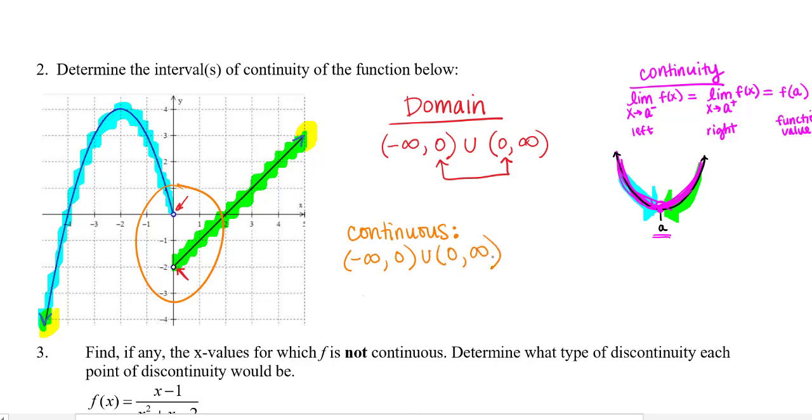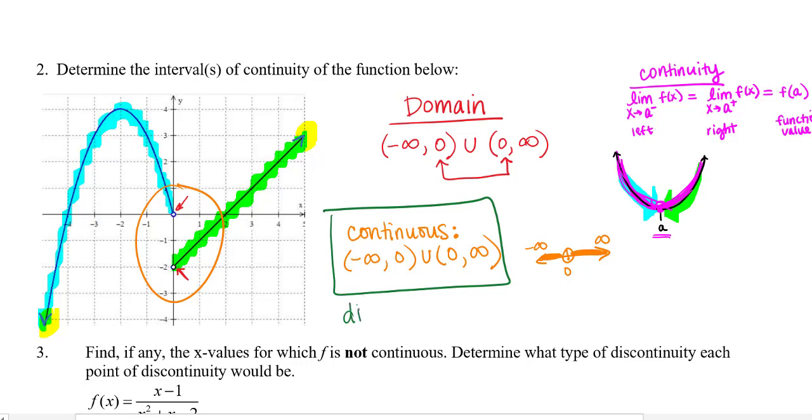Everywhere except for 0, or if you think about it on a number line, going from negative infinity to infinity, everywhere except for 0 is going to look something like that. So negative infinity to 0 and 0 to infinity, and that might help you write out your interval notation if you need it. That is my solution there. If you are asked where you are discontinuous, you are discontinuous at x equals 0.